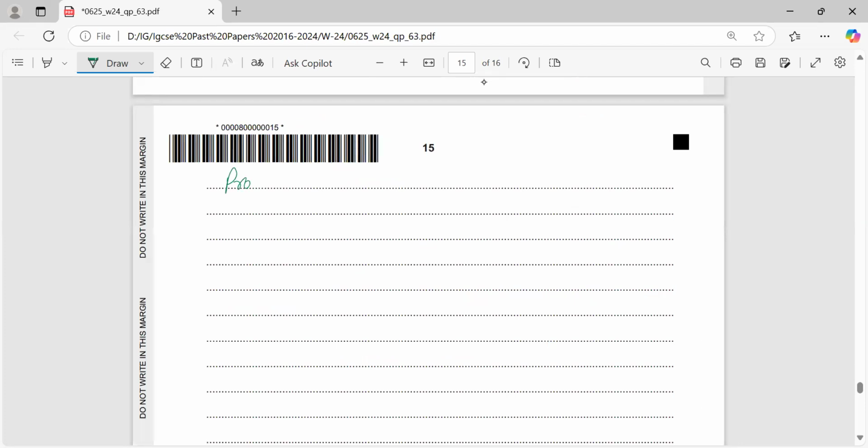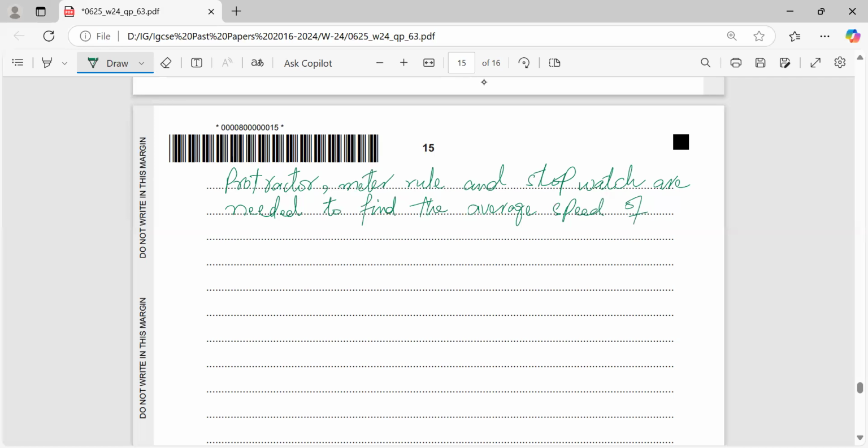First of all, we will go with the independent variable, the protractor, then a meter rule and a stopwatch. The stopwatch and meter rule are needed to find the average speed of the trolley.